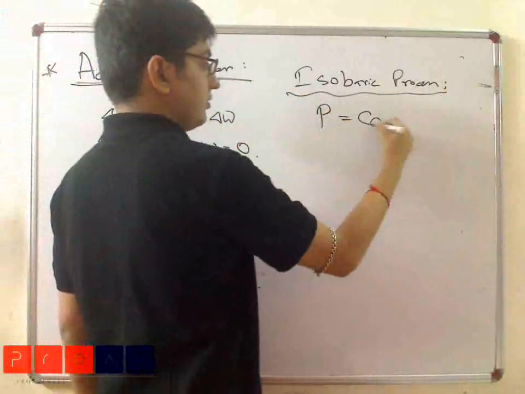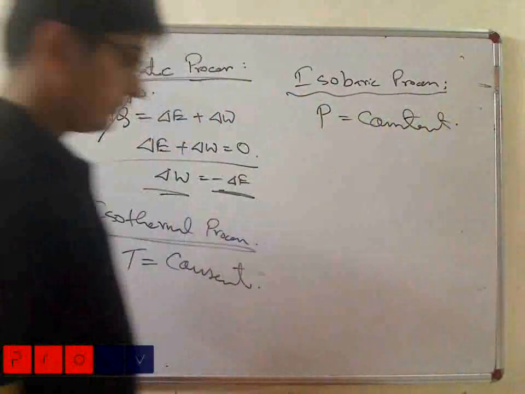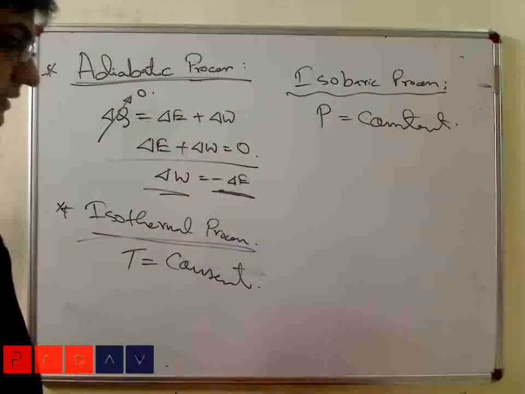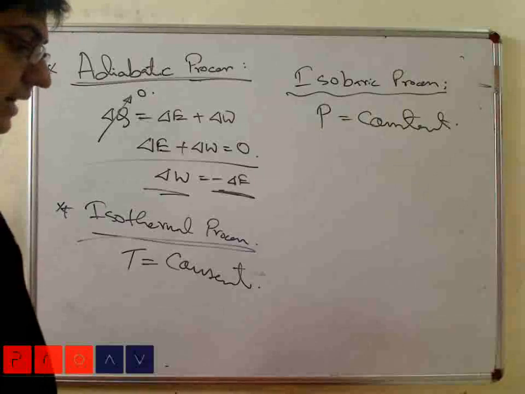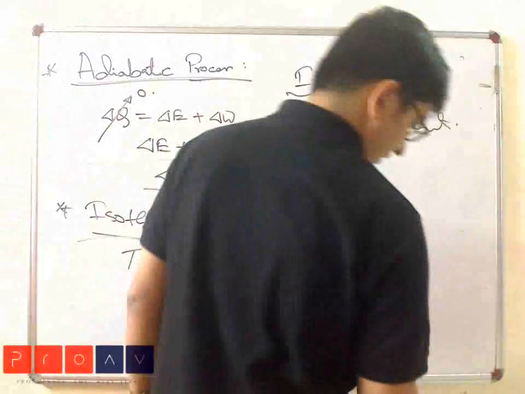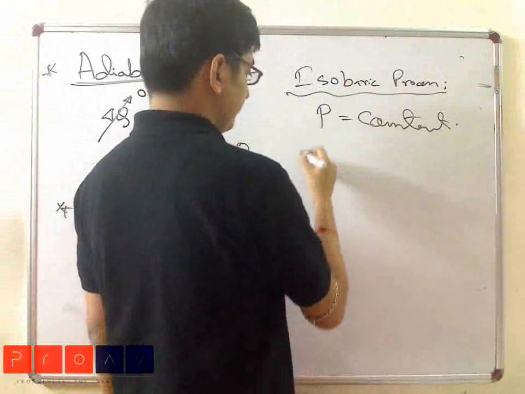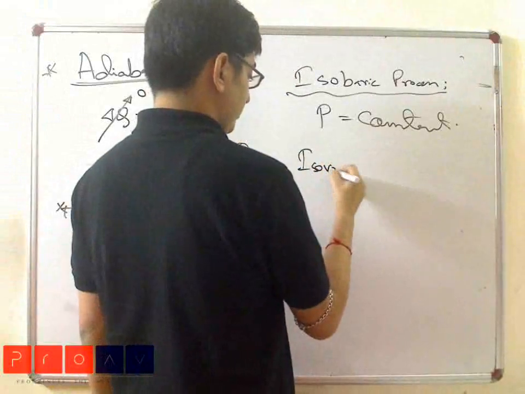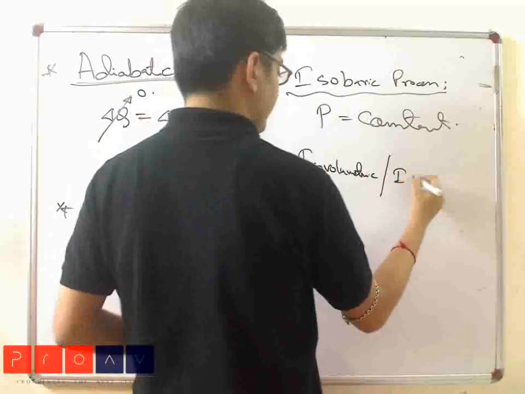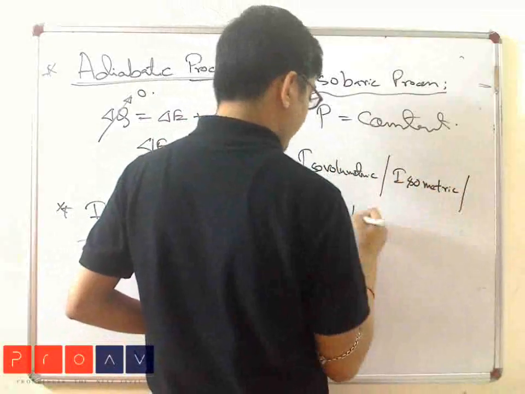P is equal to constant. When P is equal to constant, then it is known as isobaric process. Then isovolumetric or isochoric.